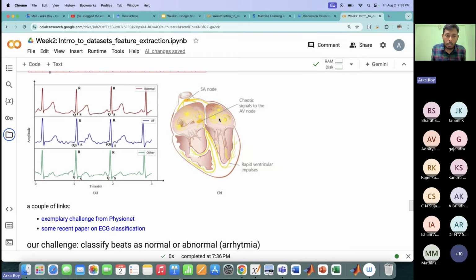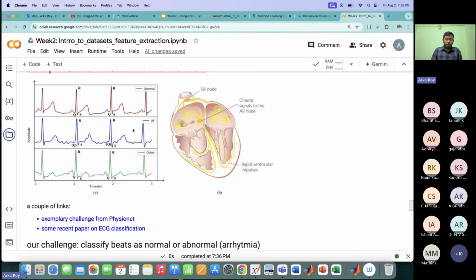These pulses in the heart due to the sinoatrial node create a graph like this. This part is called the P wave, this the Q wave, R, and then S, and this is called the T wave. So P, Q, R, S, T, these are the complexes that you can see in a typical ECG waveform.